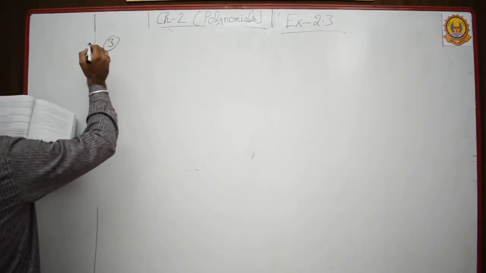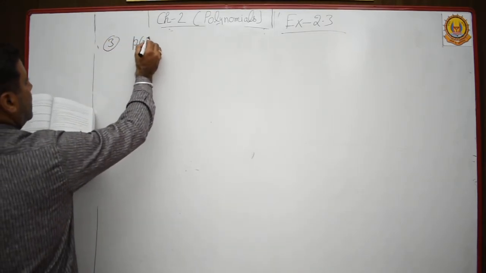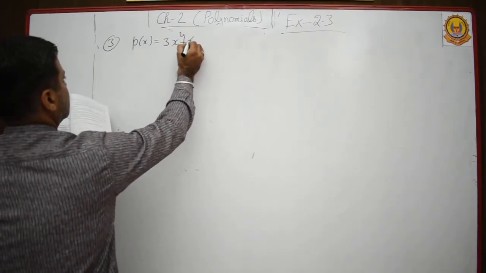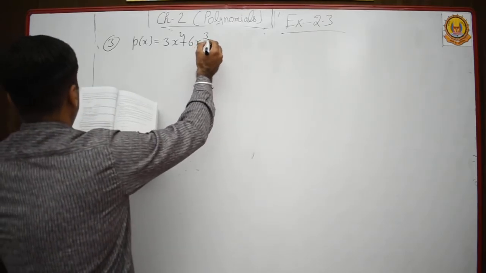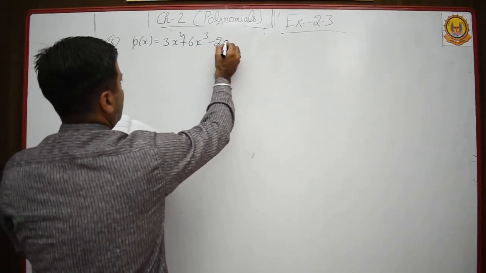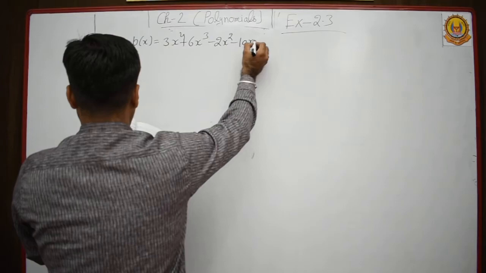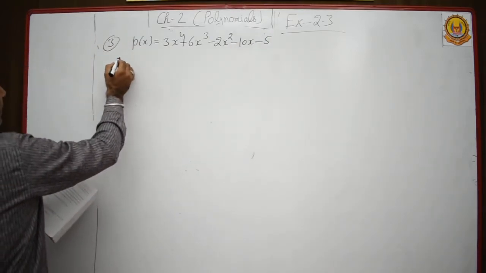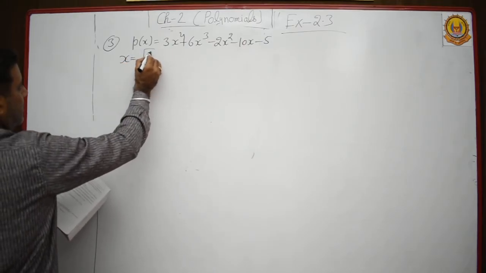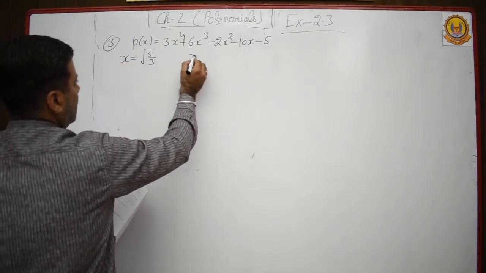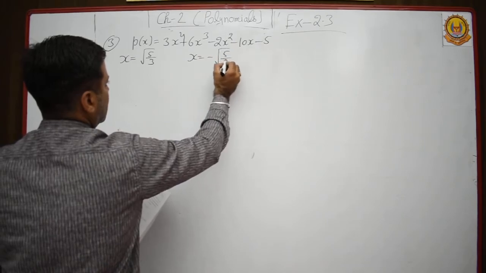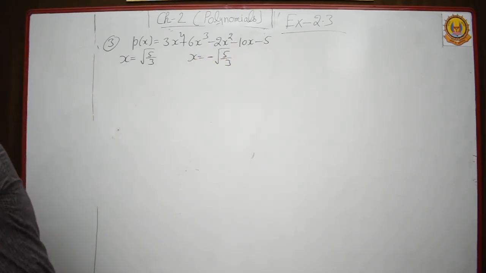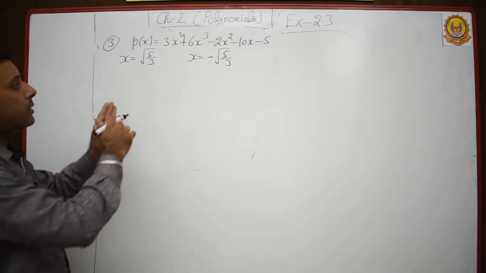The question is that you have a given polynomial 3x raised to the power 4 plus 6x cube minus 2x square minus 10x minus 5, and two zeros are given. The first is under root 5 by 3 and the second is minus under root 5 by 3. These zeros are given, and you have to find the other zeros.